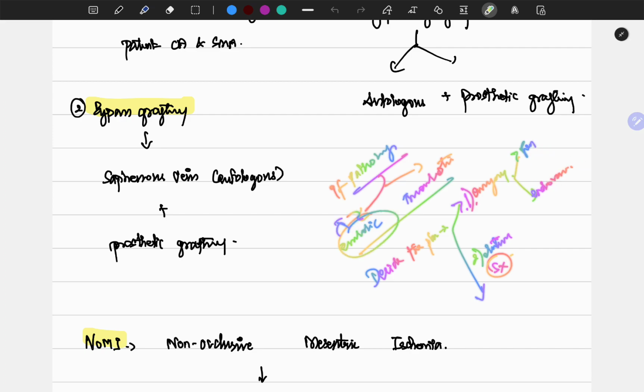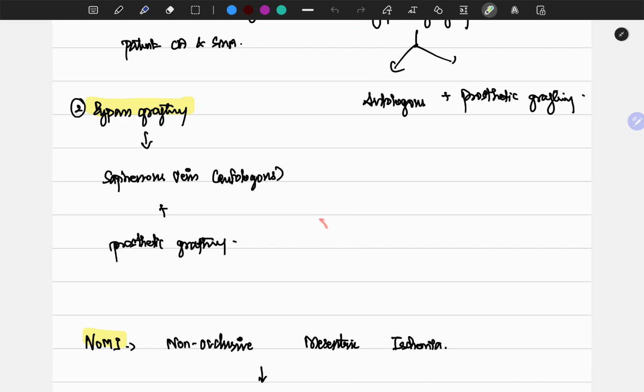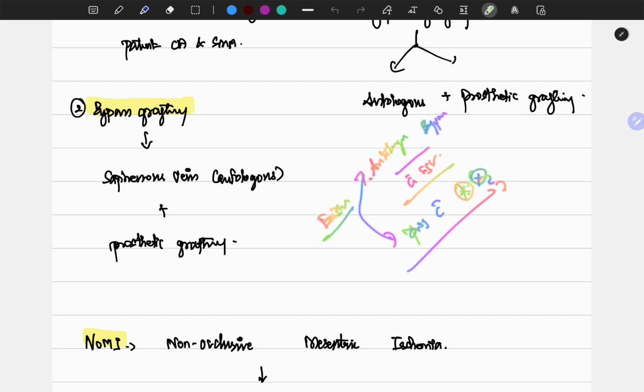So if it is an embolic disease, do embolectomy, remove the embolus, and then by using trans-arterial Fogarty's removal. If it is a thrombotic occlusion, now perform either two techniques: autologous bypass grafting with GSV, or prosthetic grafting with PTFE or even Dacron graft.